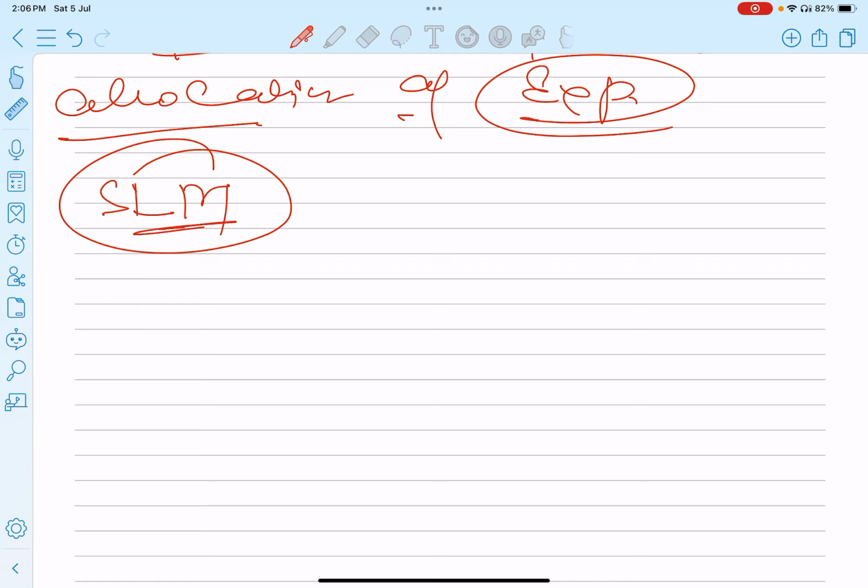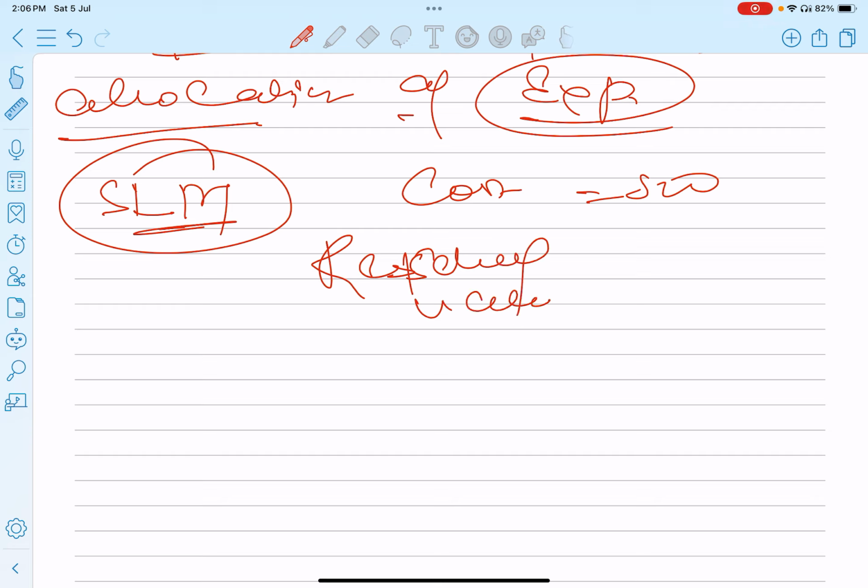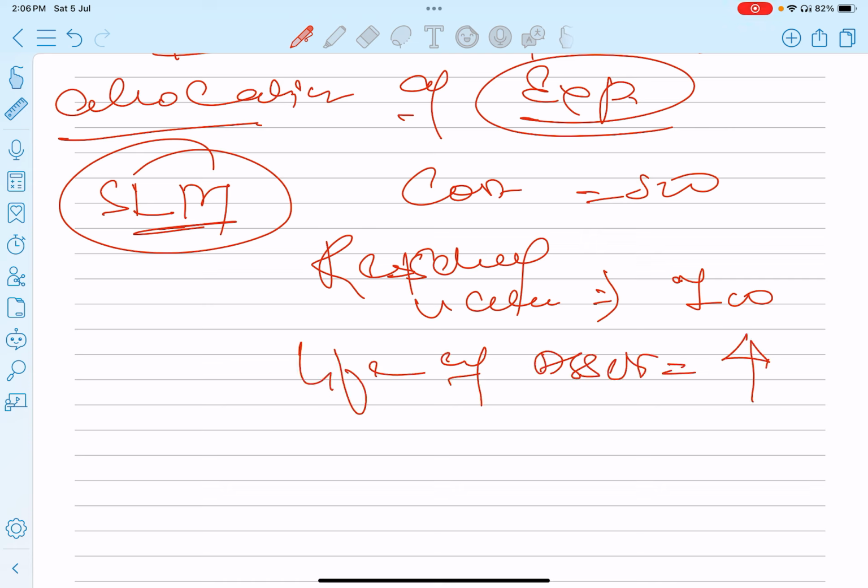So in this, say we have a cost 500, we assume the residual value or scrap value is 100, and the life of asset is 5 years.